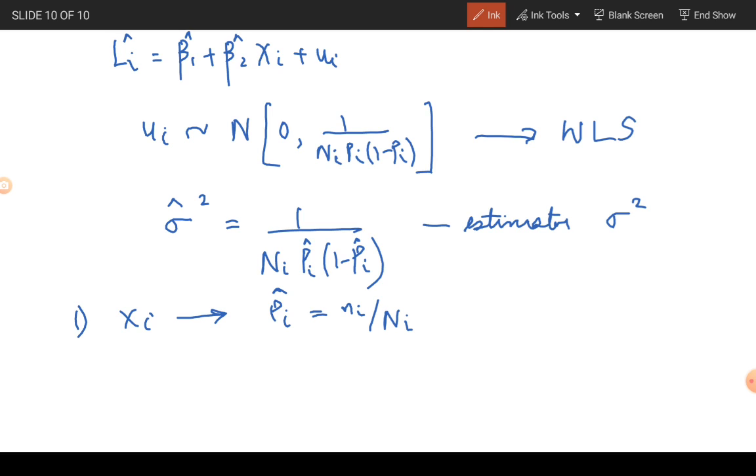So capital Ni is the total number of families at income level Xi, and small ni is the number of families at this income level who own the house. Right? Now, based on these Pis, you can calculate Li hat, which is given by the formula natural log of Pi hat divided by 1 minus Pi hat.